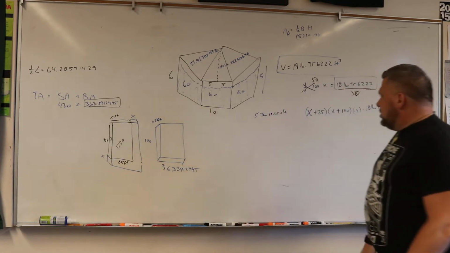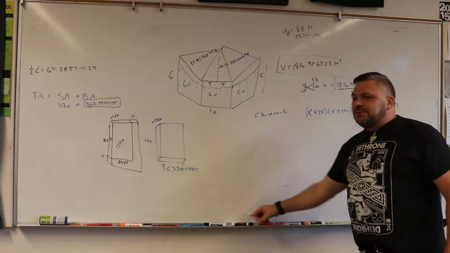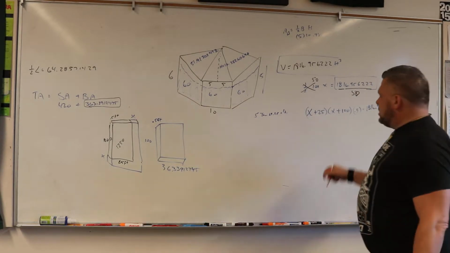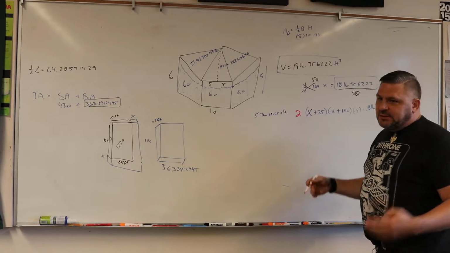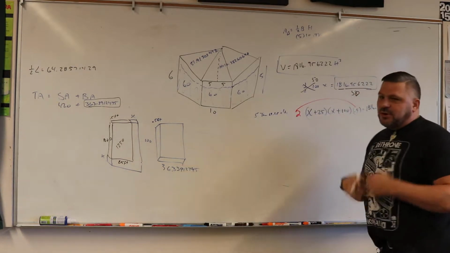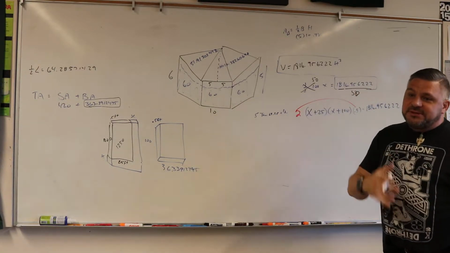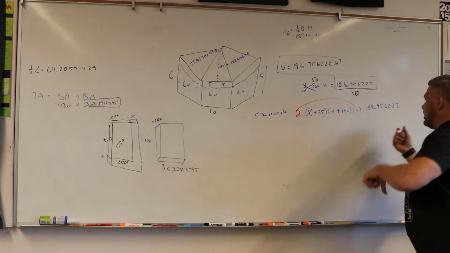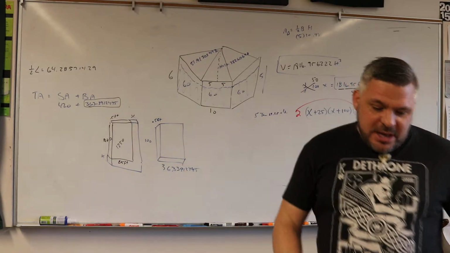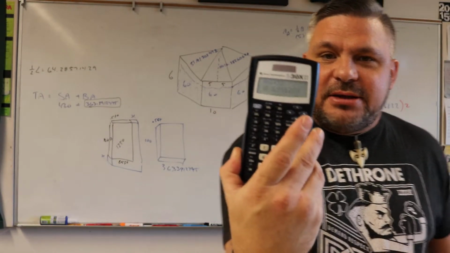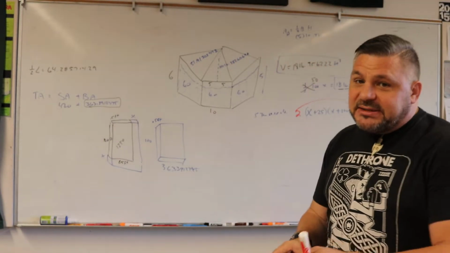All right. So, here's the cool part. To get rid of this half, I got to multiply by 2. Does that make sense? So 2 times a half is a whole. What I do to one side, I got to do to the other. So I'm going to take this piece and I'm going to multiply it by 2. And hopefully it's still in my calculator, which it is. So that makes it easy.